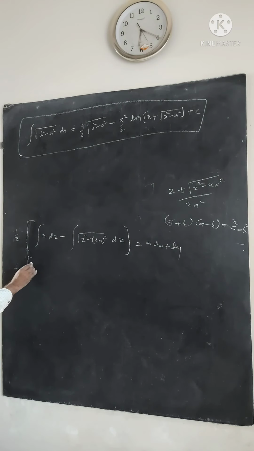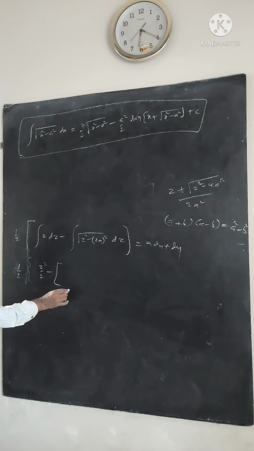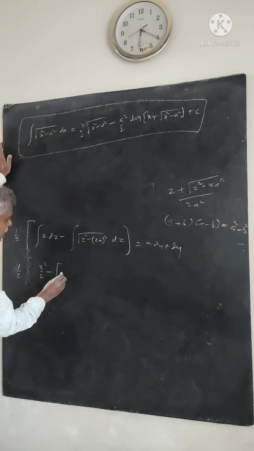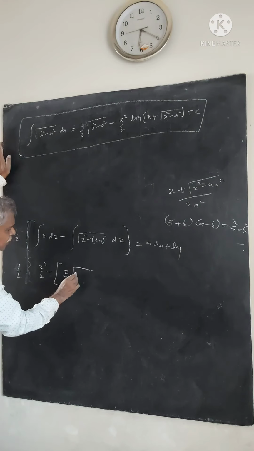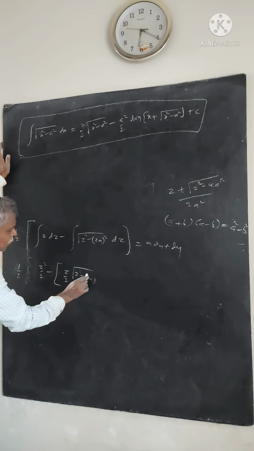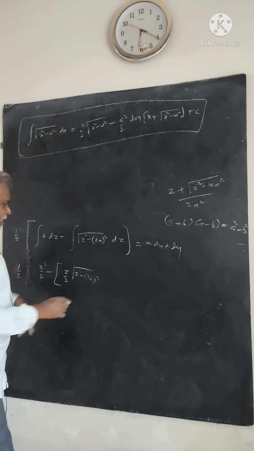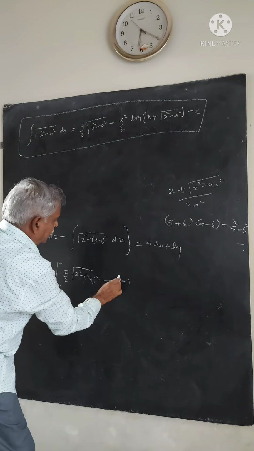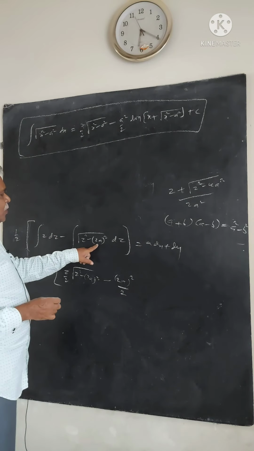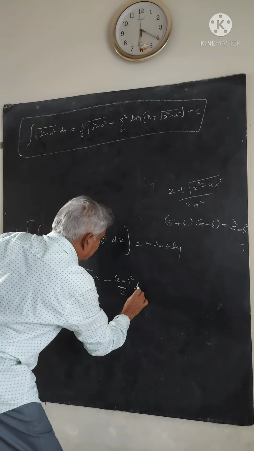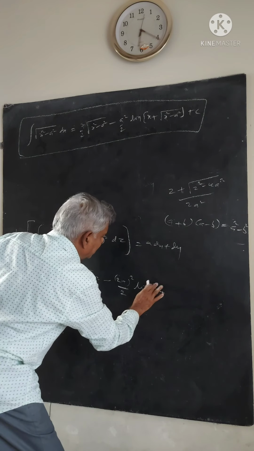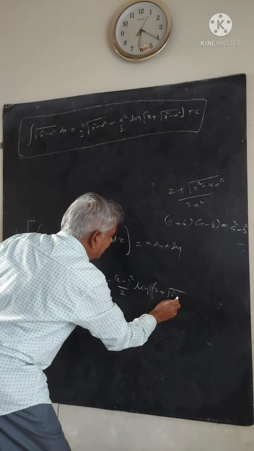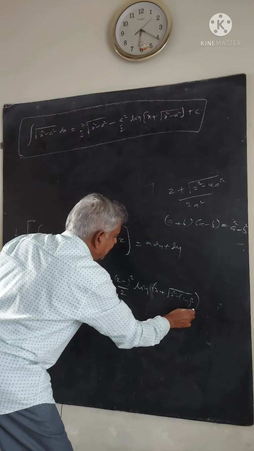1 by 2 integrating, 1 by 2, z square by 2 minus, in a box bracket, applying this formula, z by 2 root of z square minus 4a square minus 4a square by 2 log of z plus root of z square minus 4a square.